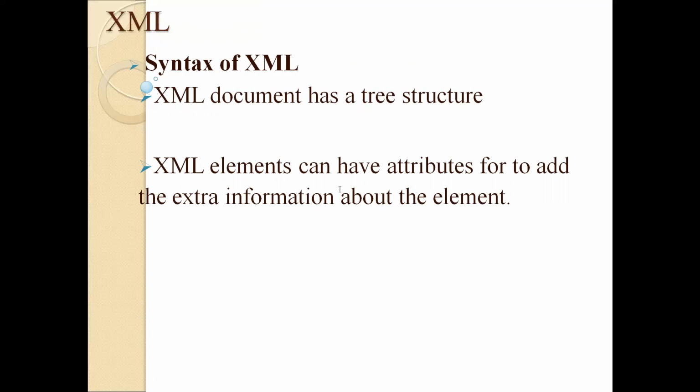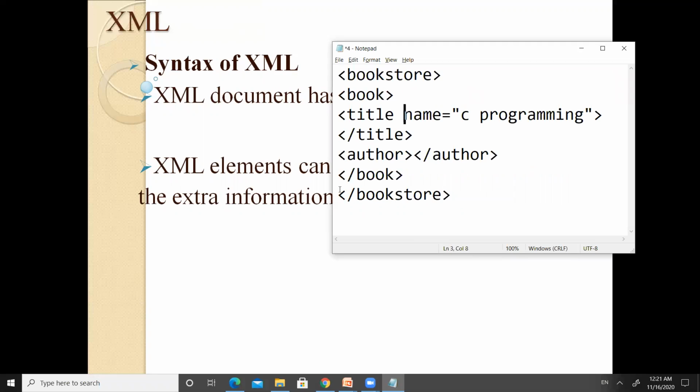So see here, I have represented title space name, where name is called an attribute, right? So if I want to store some extra information regarding any tag, I can use this attribute.